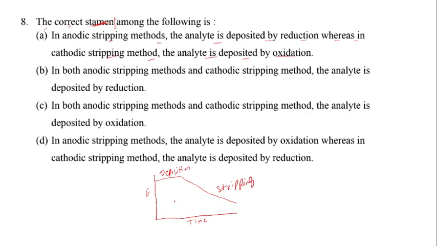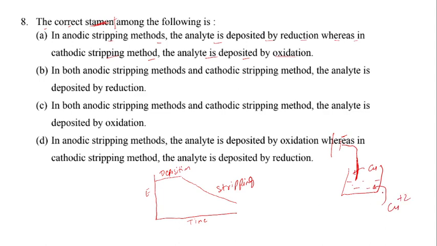If you are not able to understand by this graph, you can say simply, suppose it is a copper electrode connected with the negative terminal, and it is in a solution of copper, Cu plus 2. So what will happen?